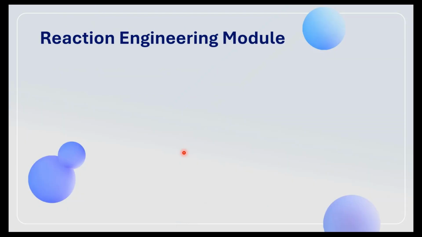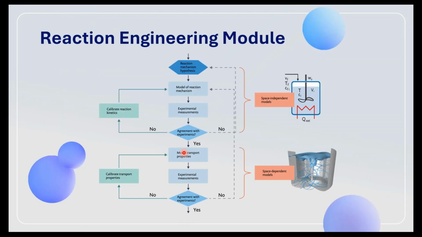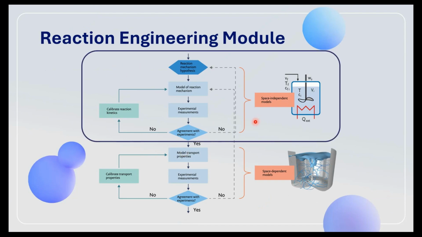But if we want to simulate a reaction, we need to use the Reaction Engineering model. There are two steps. First, simulate only the reaction mechanism to see whether these models for describing the reaction kinetics agree with the experimental results. Then, in each loop, we can add more hypotheses or experimental measurement data to make it more accurate and calibrate the reaction kinetics.